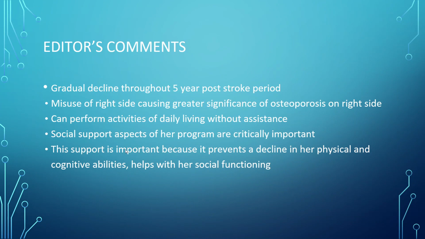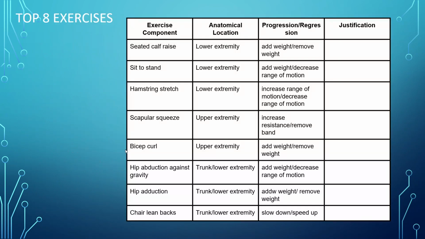Further, from the case study in the ACSM textbook, the editor from that textbook provides some additional context, which I think is very critical when you come up with that justification for developing a rehabilitation program and including particular exercises.